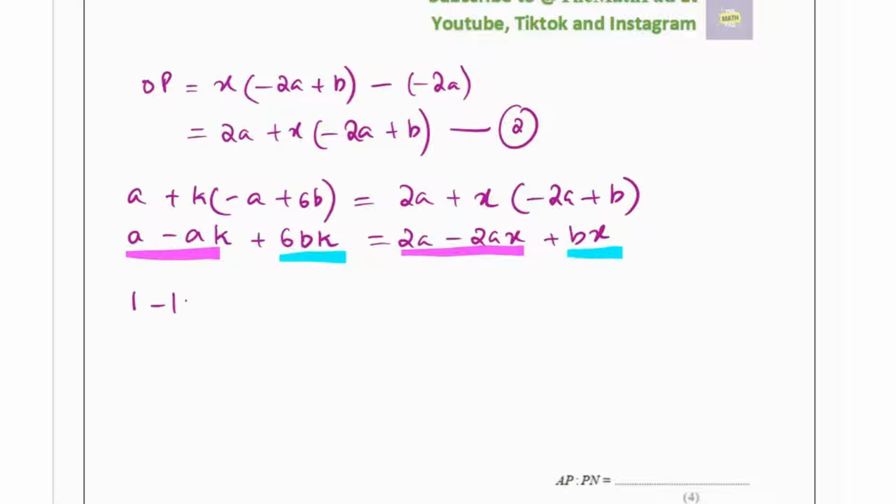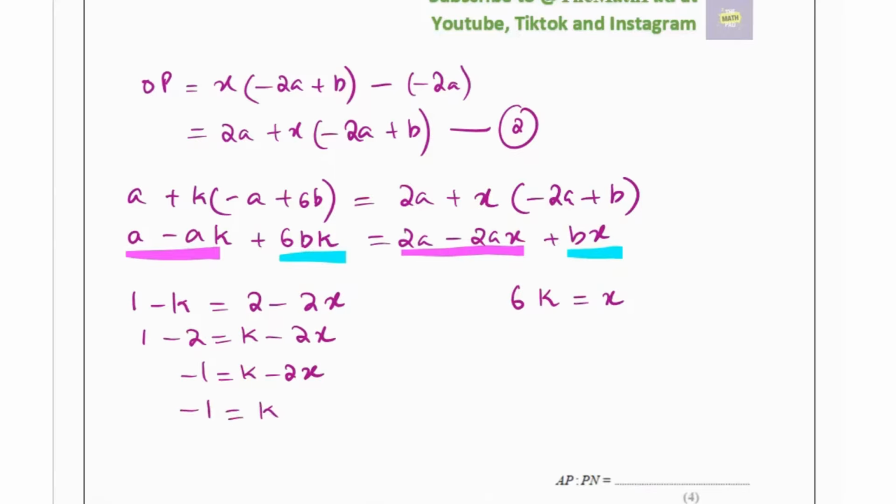So 1 minus K equals 2 minus 2X, which is 1 minus 2 equals K minus 2X. Negative 1 equals K minus 2X. And then over here, 6K equals X. So if 6K equals X, minus 1 equals K minus 2 times 6K.